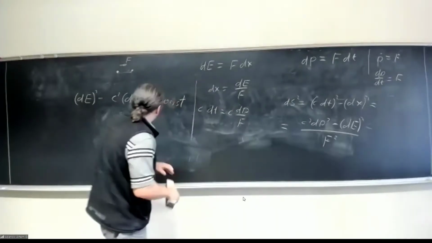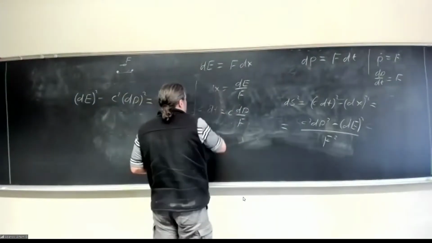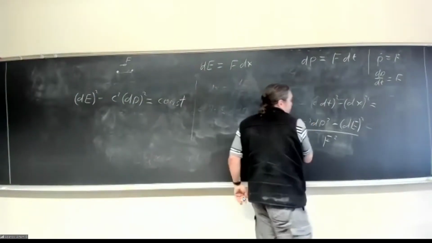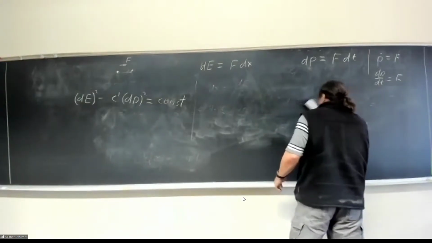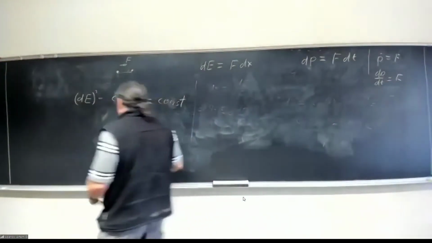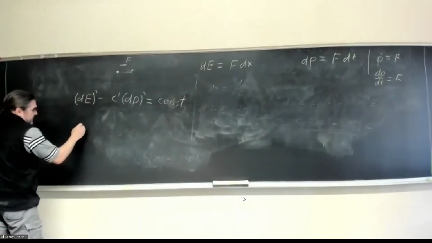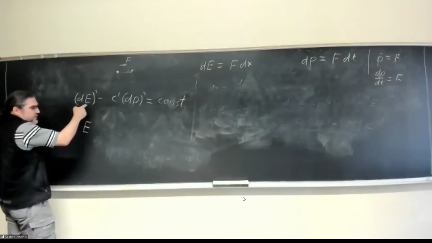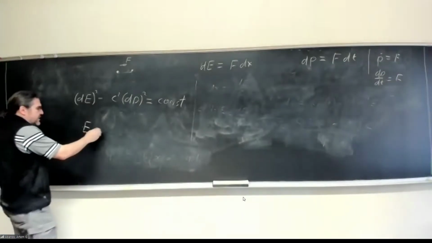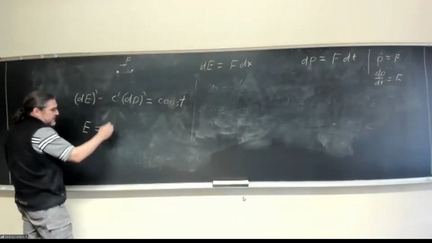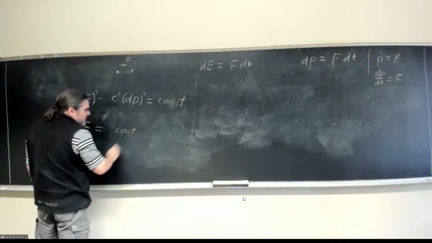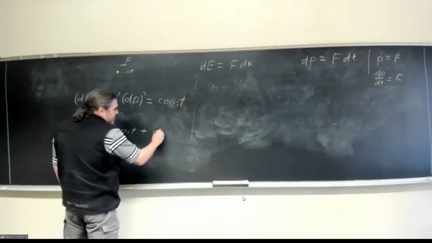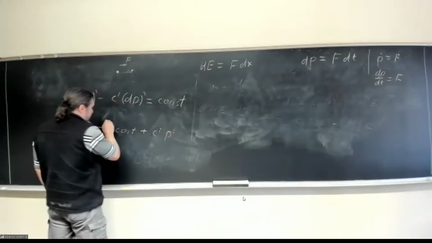So now, if it's a constant, let me find out what that constant is. To do that, let's imagine that my energy is small, so dE is pretty much the same as energy. So the energy equals the square root of some constant plus c squared p squared.